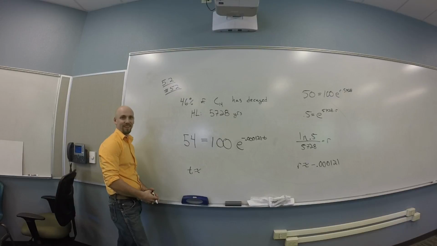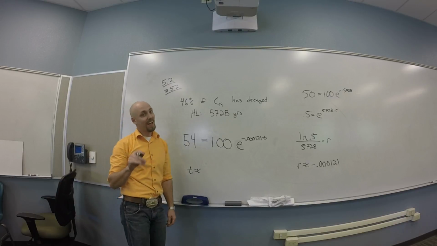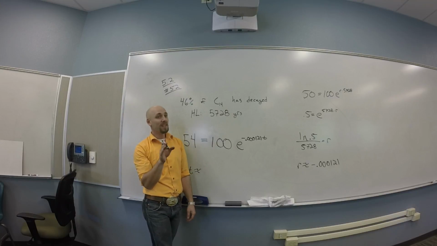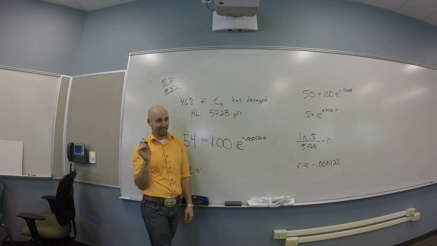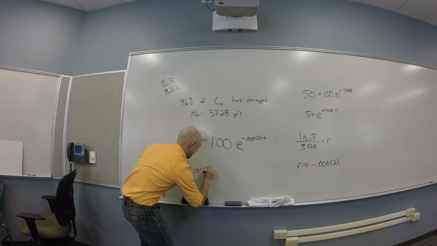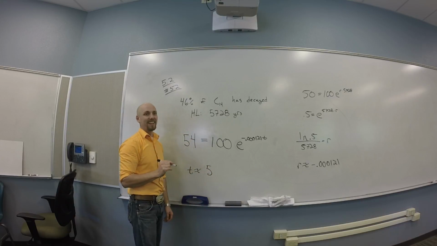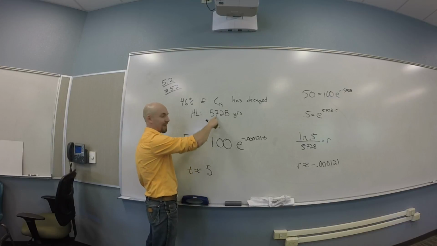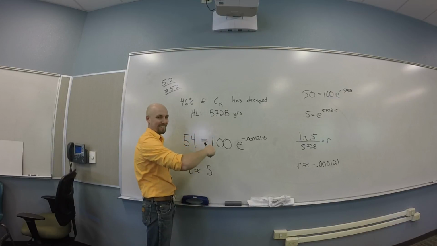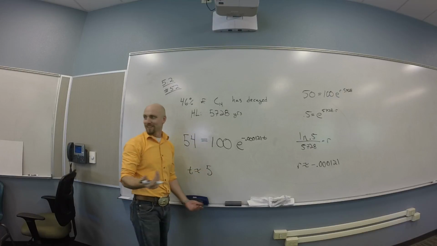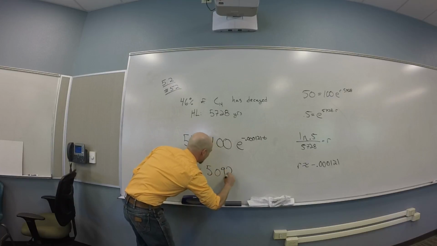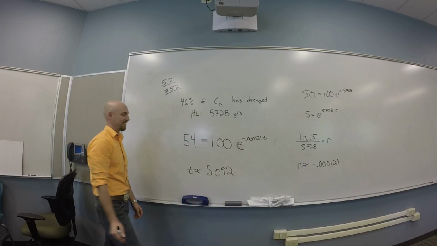What do we think it probably ought to start with? 5. And then the next number is probably 6, or smaller than 7 at least, right? 5,092. My calculator. Oh, sorry. 5,092 years. Yeah.